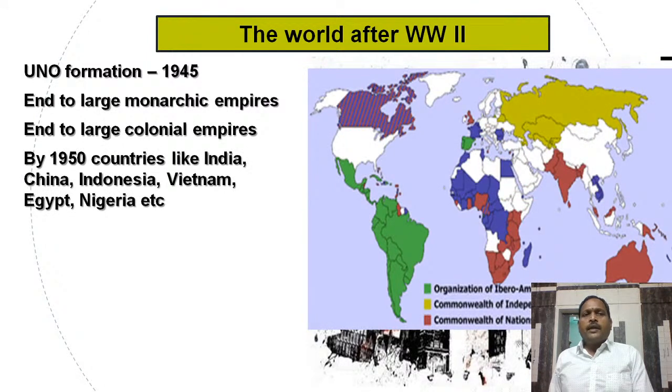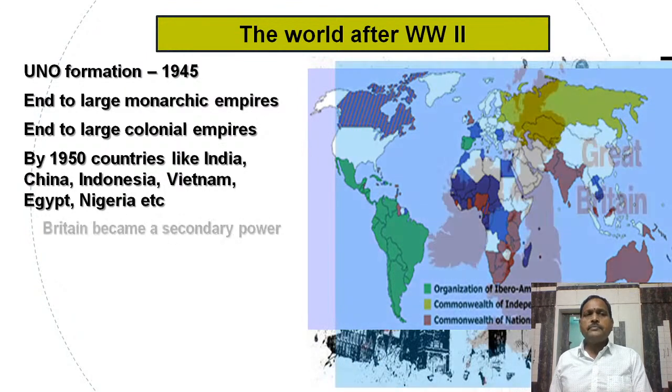And next, by 1950, many countries were liberated, like India in 1947, China in 1949, Indonesia, Vietnam, Egypt, and Nigeria. They became liberated, they got independence, they had self-rule in their countries.